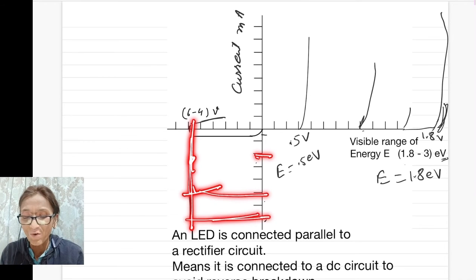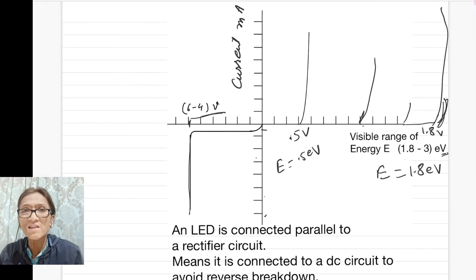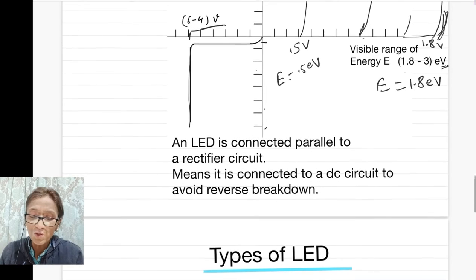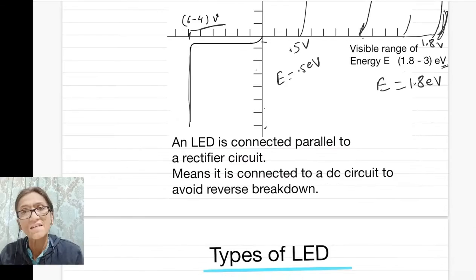Current has increased. And you know Joule's law of heating, as per Joule's law, heat is equal to I square R T. A huge amount of heat will come out and it will burn your LED. So the LED is connected in parallel to a rectifier circuit, which converts the circuit into DC.